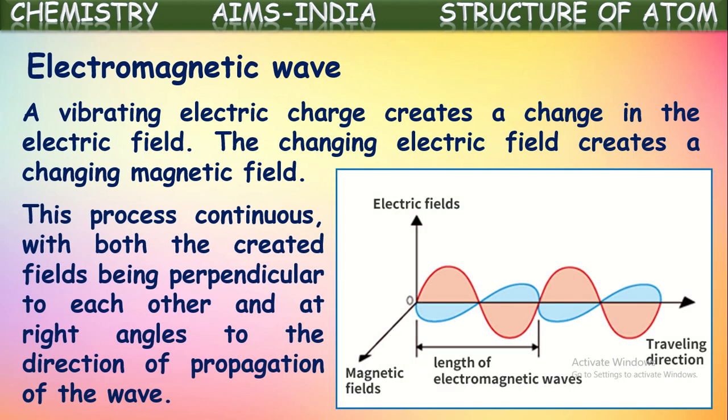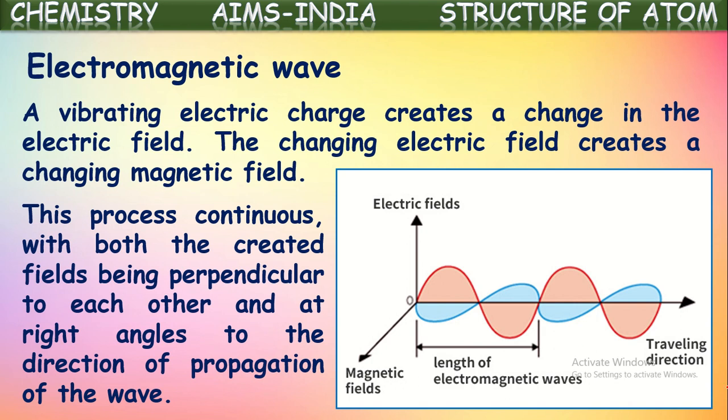This process continues. So until and unless this electric charge is vibrating, the changes in the electric field and magnetic field will be continued, with both the created fields being perpendicular to each other and at right angles to the direction of the propagation of the wave. See the diagram here, the picture given.